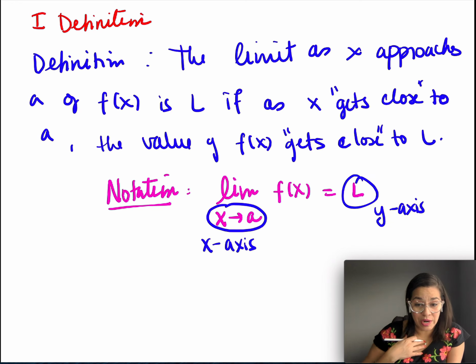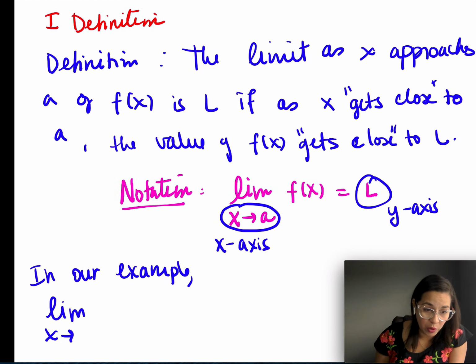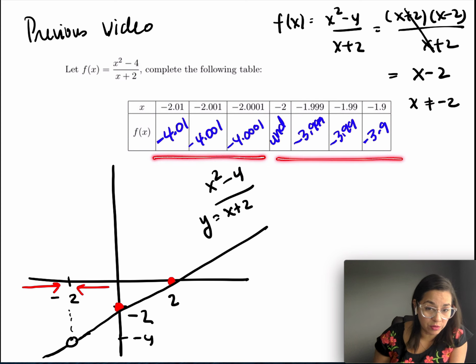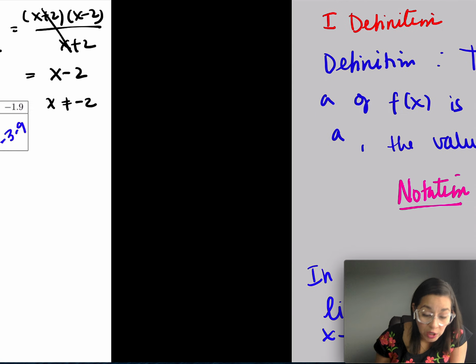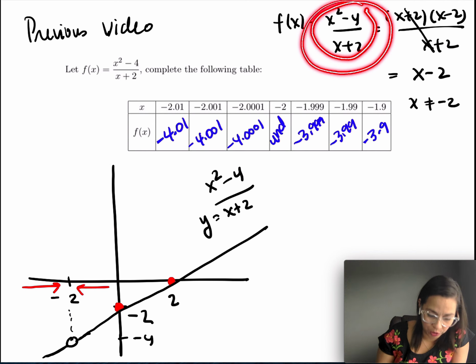So if we go back to our example, then we know that the limit as x goes to, well, x was approaching negative 2, right? So it'll be as x approaches negative 2 of our function, which is x squared minus 4 over x plus 2.